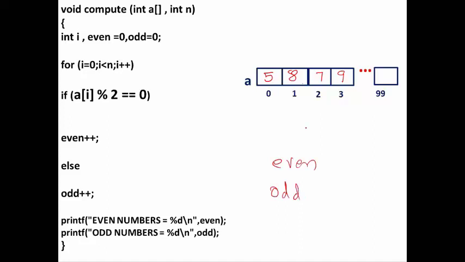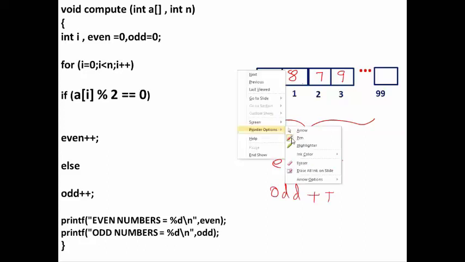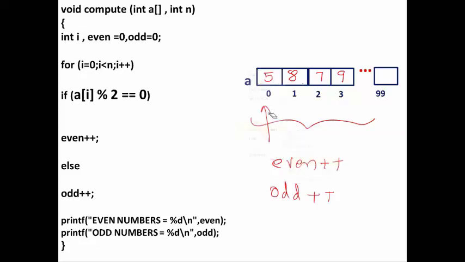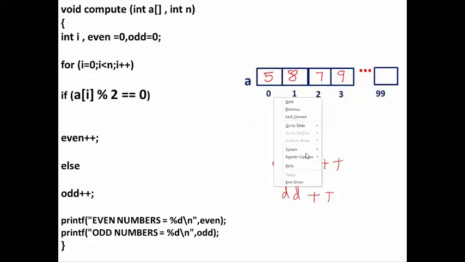From this array, I'll take one value at a time. I'll divide it by 2. If it is even, I'll increment the value of even variable. If it is odd, I'll increment the value of this odd variable. तो सब होने के बाद whatever is the value of this variable even and this variable odd, that will be the number of even and odd numbers in that array.